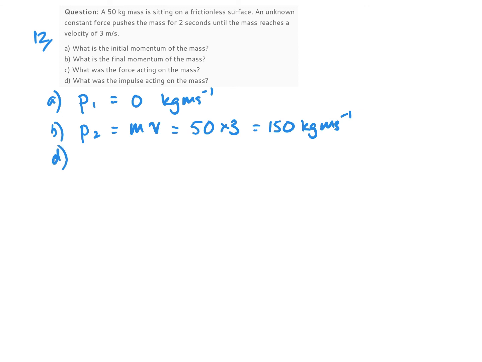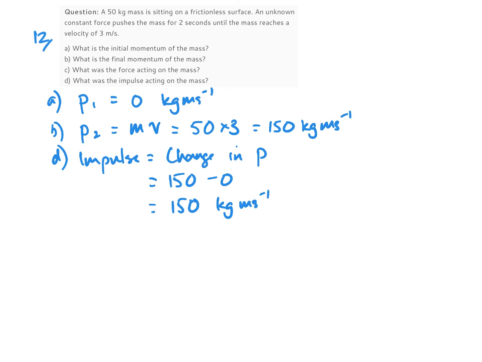Then I'm going to jump to D, and the impulse equals the change in momentum, which is 150 minus 0, is 150. Now the units of impulse are equal to the units of momentum, so you could write that as kilogram meters per second, or as newton seconds. They're both identical.